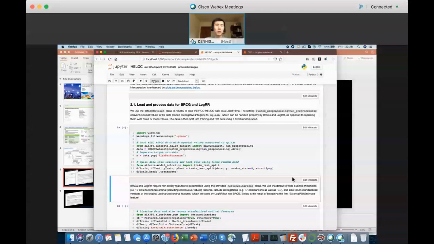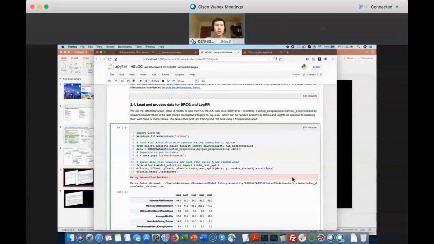So we're loading the FICO data. I want to point out that AIX 360 provides some data set classes to help you with this. So we're invoking the HELOC dataset class here to do that. And I'm calling it with a particular pre-processing option, which we've called NAN pre-processing.